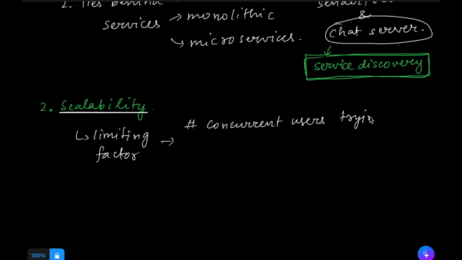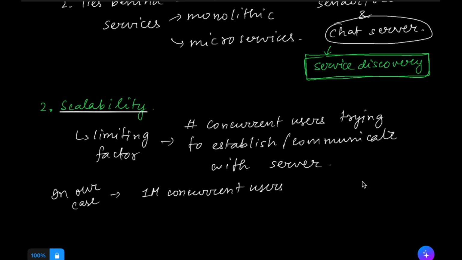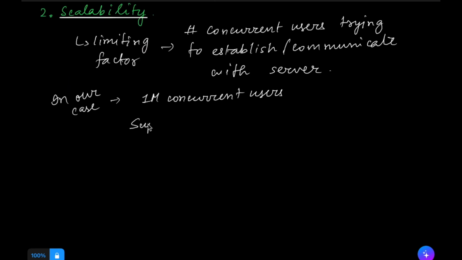trying to establish or communicate with the servers. So in our case we have 1 million concurrent users, and suppose each connection requires 10 kilobytes of memory.